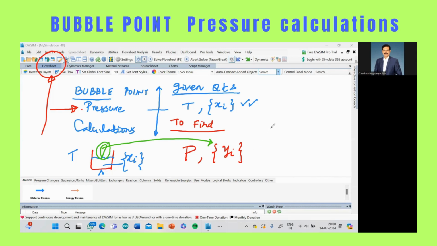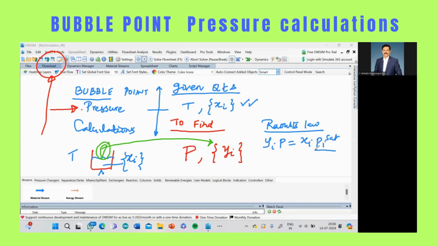Okay. Now, suppose I use Raoult's law. What is Raoult's law? It is Xi PA sat.